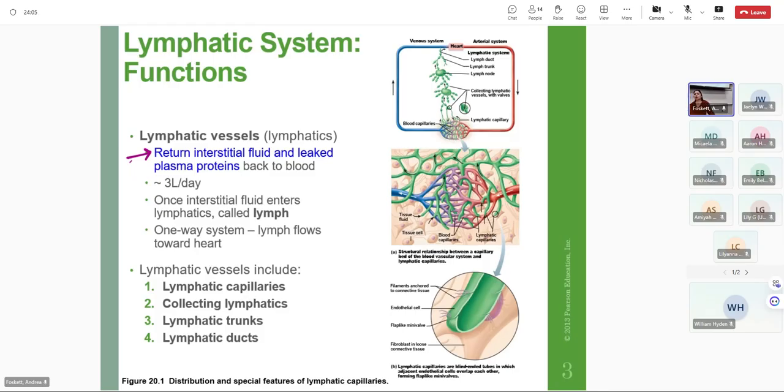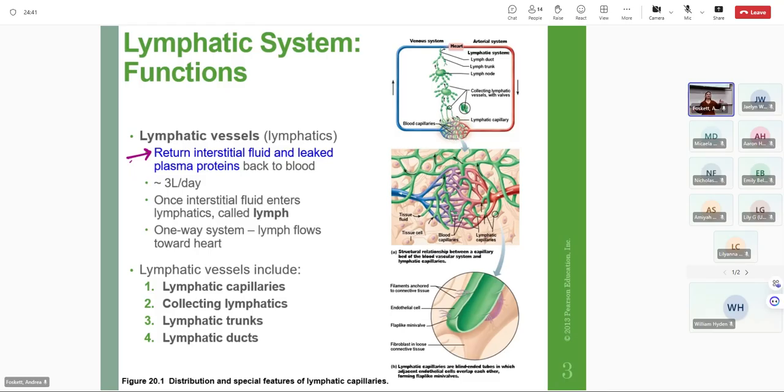All right. So some of the functions of the lymphatic system, really, the biggest functional role is that, yes, it's not very glamorous, but it is the sewer system of the body. Meaning any leaked fluid from your blood vessels as it accumulates within your tissue beds is going to cause edema. And of course, it's accumulating in your tissue beds, which means your blood volume might go down. And we know if blood volume goes down, then blood pressure also goes down.